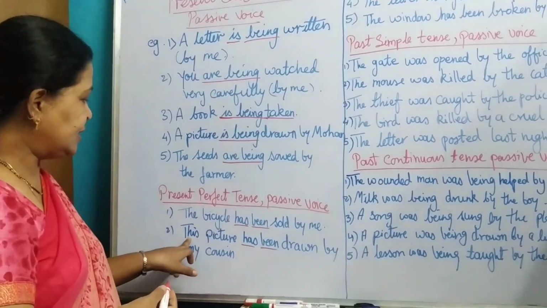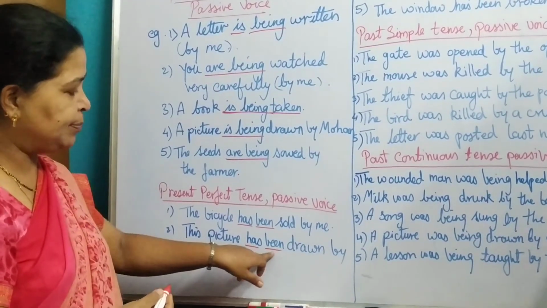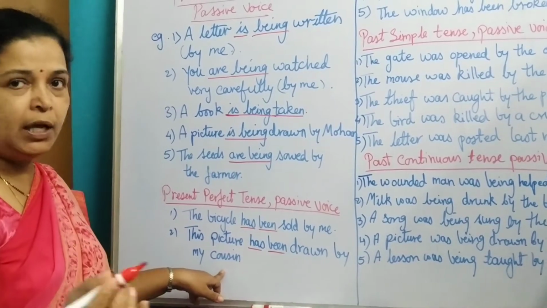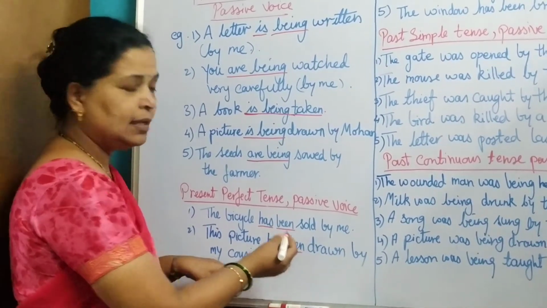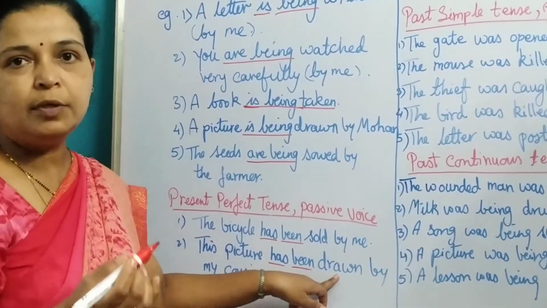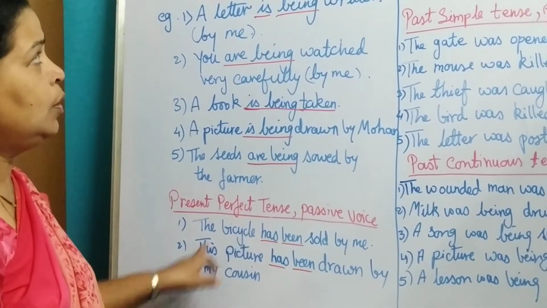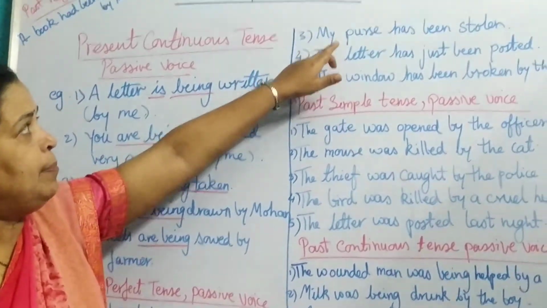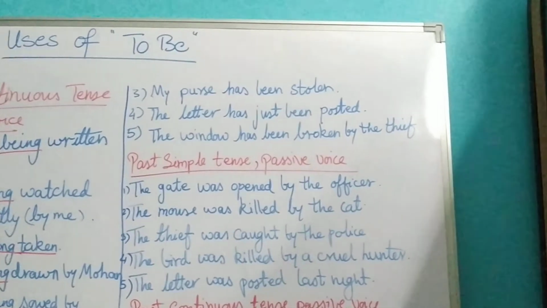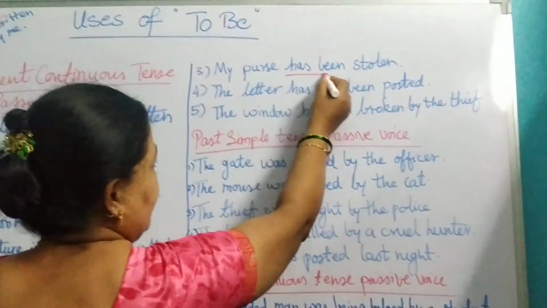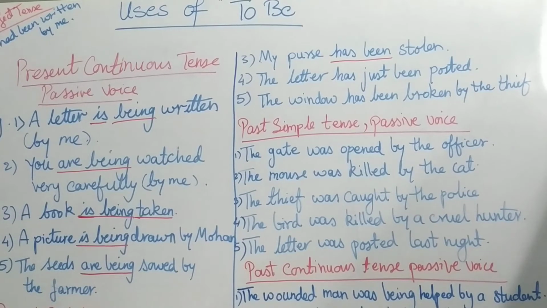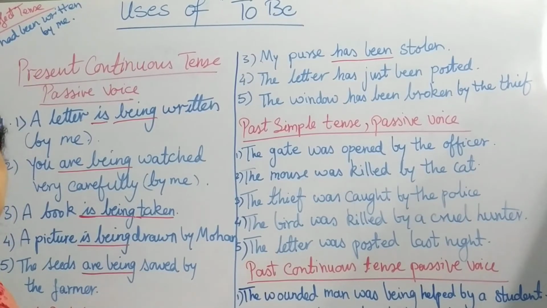Okay, next example, the picture has been drawn by my cousin. Here the helping verb has been. Drawn, past participle of the verb draw. Okay, so third sentence, my purse has been stolen. So here, which is the helping verb? Has been, and stolen is the past participle of to steal.